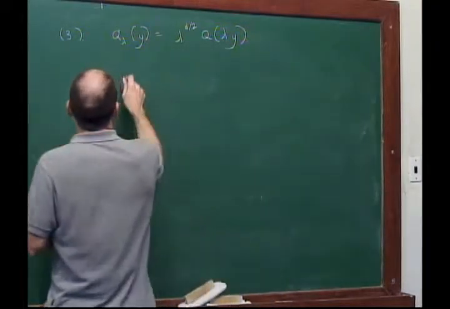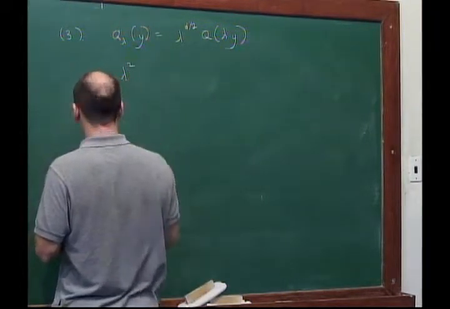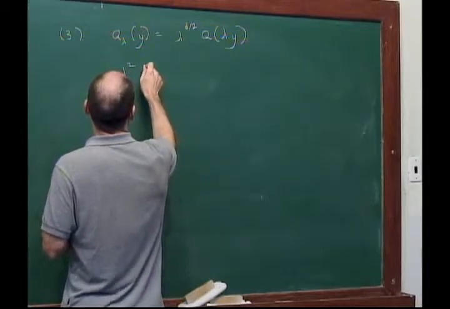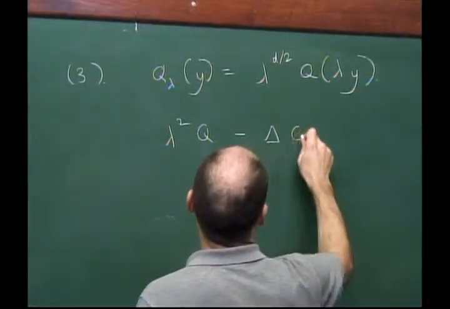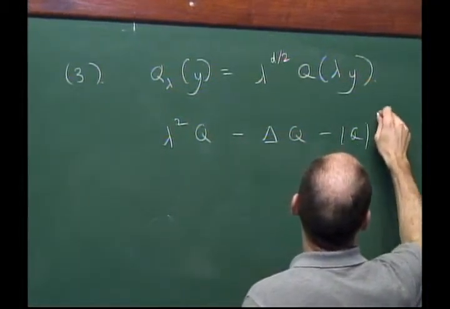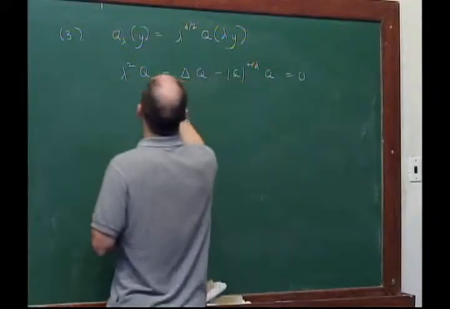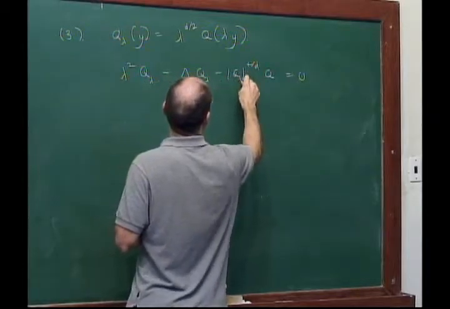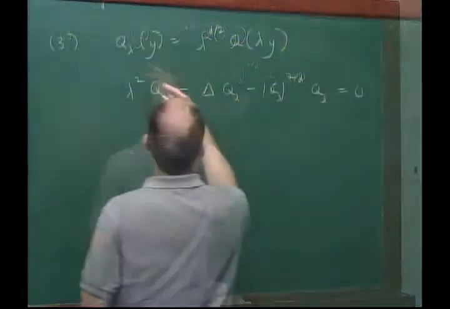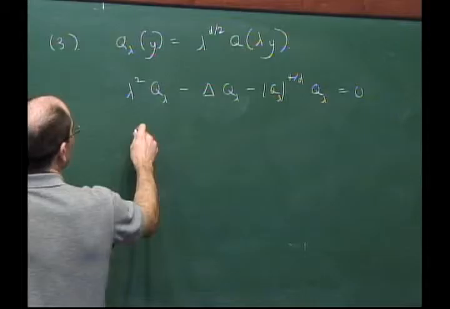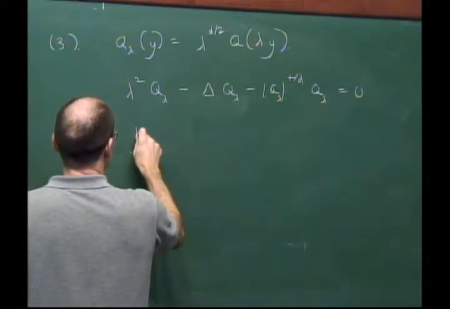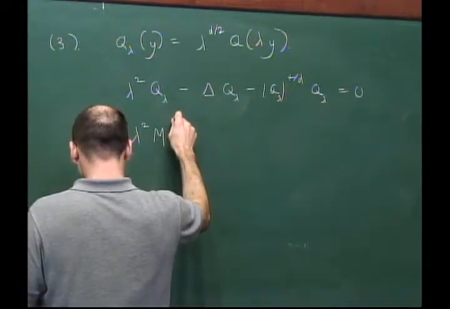And then you can compute that this solves the equation lambda squared Q minus Laplacian Q minus Q to the 4 over d Q equals 0, for lambda in each place. That's just how the scaling behaves. So written out, this is the equation lambda squared m written in functionals.